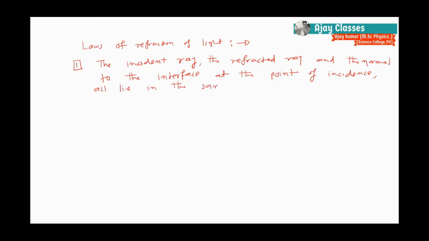This is the first law, which relates the incident ray, refracted ray, and normal, all lying in the same plane when light travels from one medium to another medium.